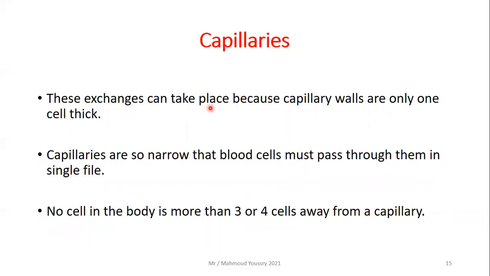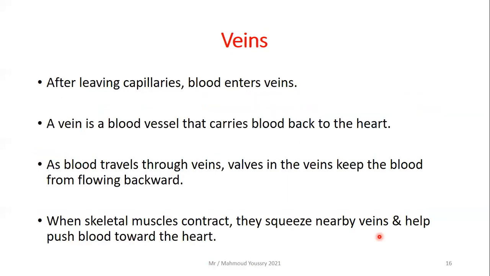These exchanges can take place because capillary walls are only one cell thick. Capillaries are so narrow that blood cells must pass through them in single file. Can you imagine this? They pass cell by cell. No cell in the body is more than 3 or 4 cells away from the blood capillaries. So all the cells of our body can exchange nutrients and oxygen, also carbon dioxide and wastes.